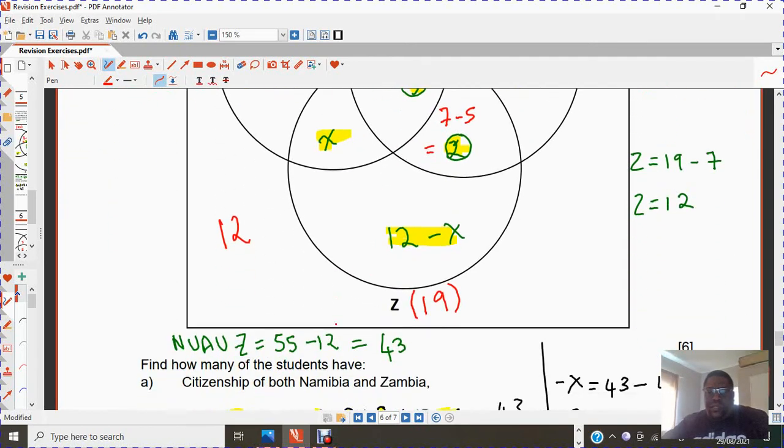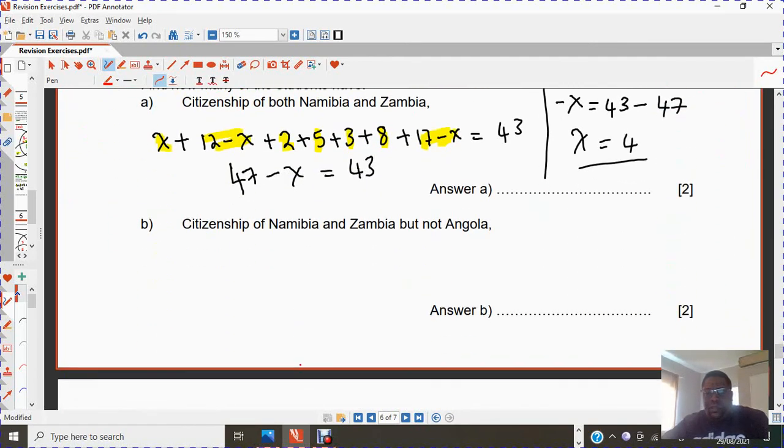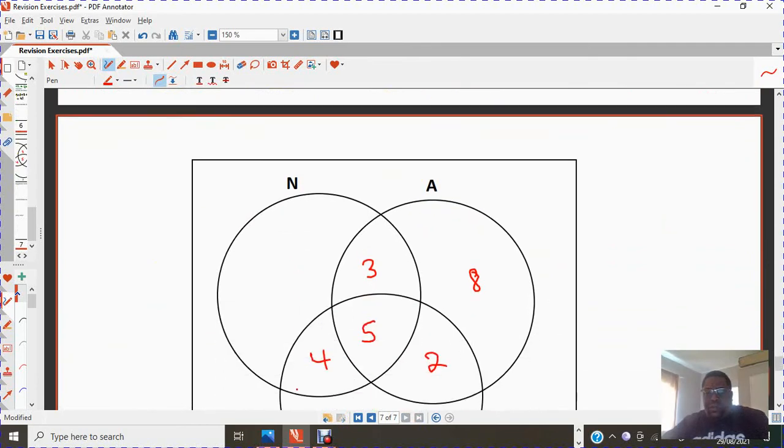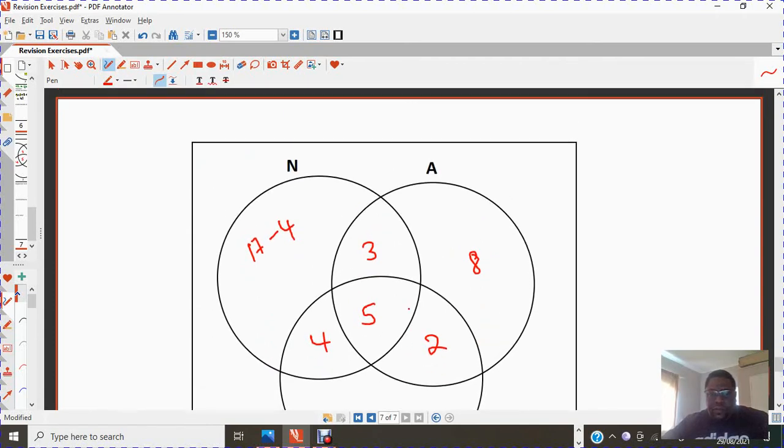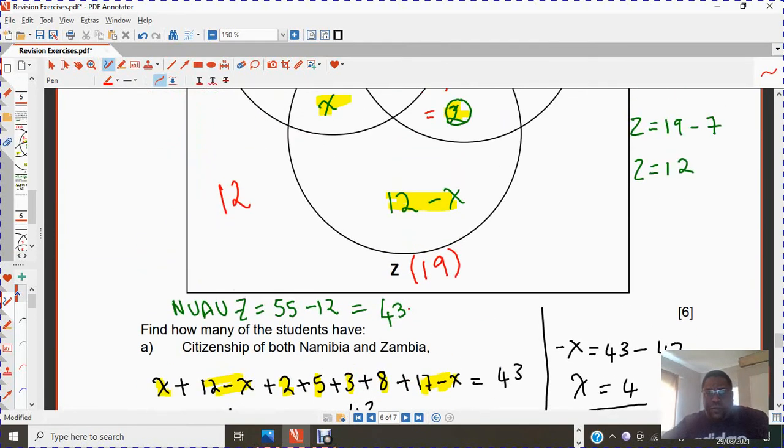Okay. So on the other side, what is left here is going to be 17 minus 4. So in this case, we have got 17 minus 4. And then this one down here, let's make sure we have 12 minus x, and the other one is 17 minus 4.